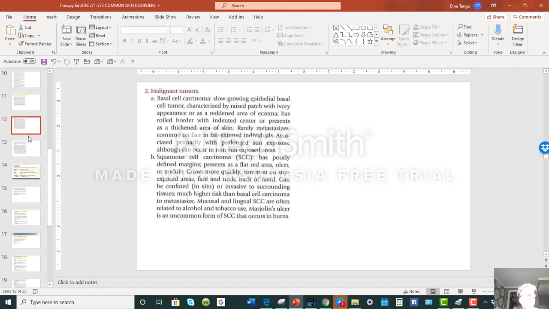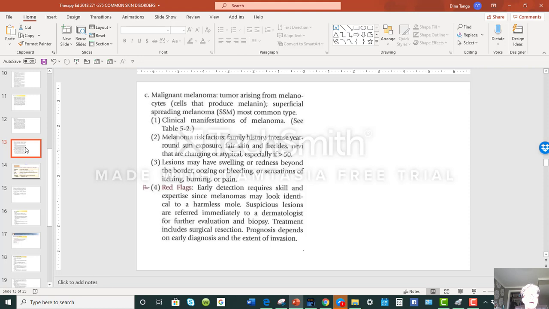Much higher risk than basal cell carcinoma to metastasize. Mucosal and lingual squamous cell carcinoma are often related to alcohol and tobacco use. Marjolin's ulcer is an uncommon form of squamous cell carcinoma that occurs in burns.